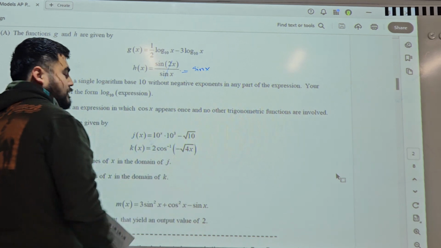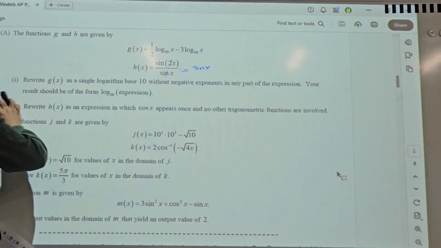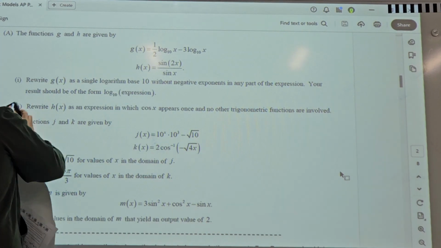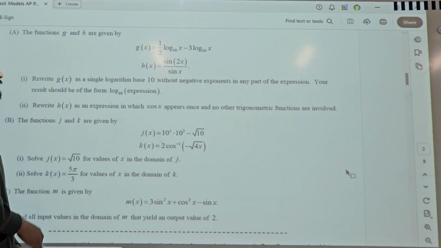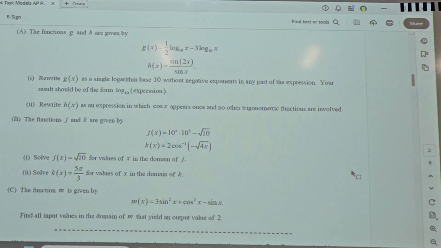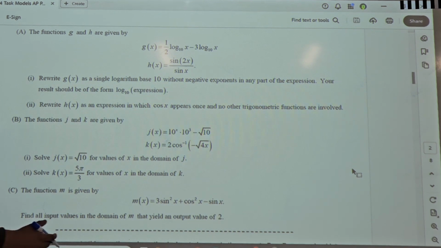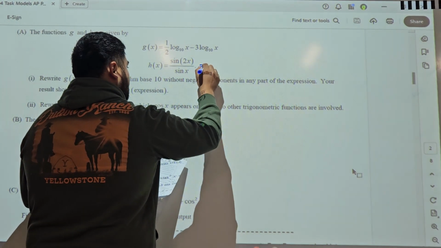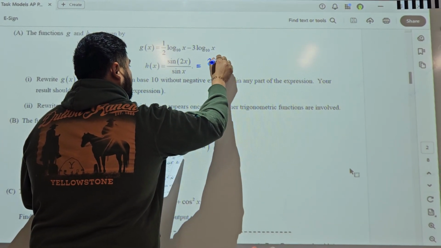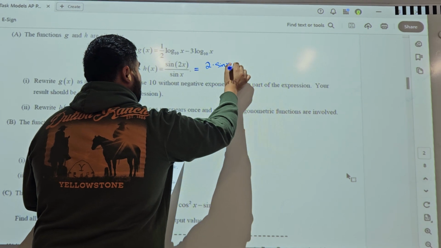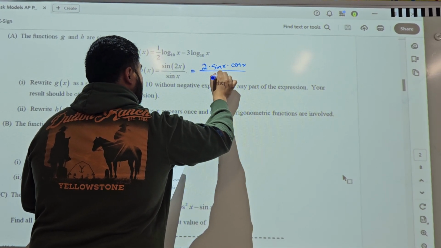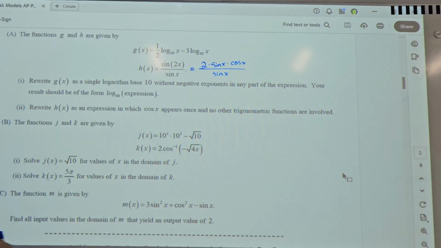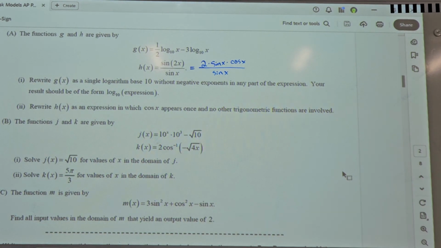The answer is no, because what you have here is what we call a double angle identity, because of that 2 inside the parentheses. For sine of 2x, you're going to have 2 times sine of x times cosine of x, and the bottom we leave by itself, sine of x.